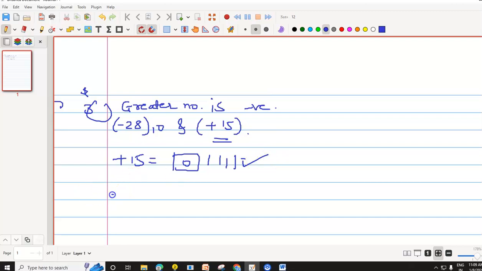We are now concerned about how to represent minus 28, which is in decimal, how to represent it in binary. So we know first we will do sign bit representation, then we will do ones complement, and then what we have to do? Add 1 to it, right? To get what? 2's complement.